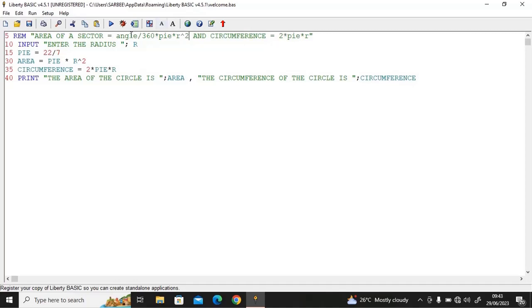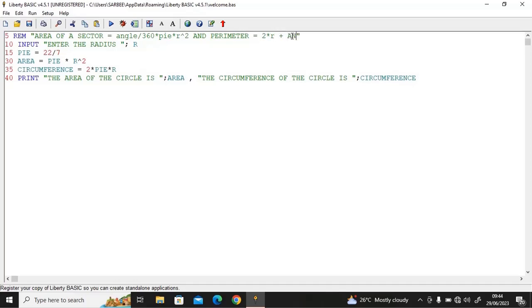The formula is the angle given, the angle subtended by the sector, over 360 times pi times r squared. That is the area of a sector. And the perimeter of a sector is 2r plus length of an arc. That is 2 times radius, plus the length of an arc.